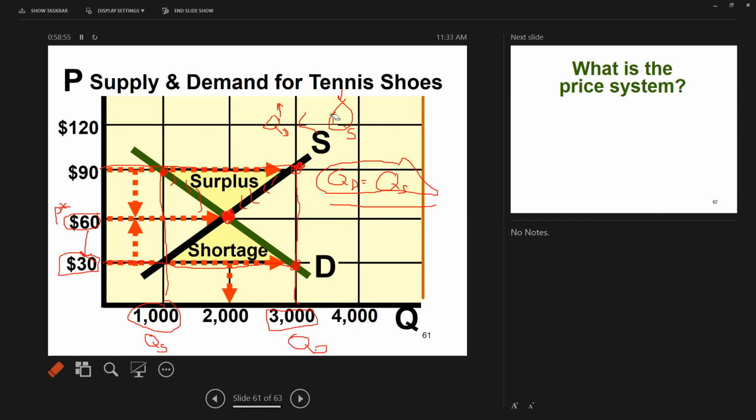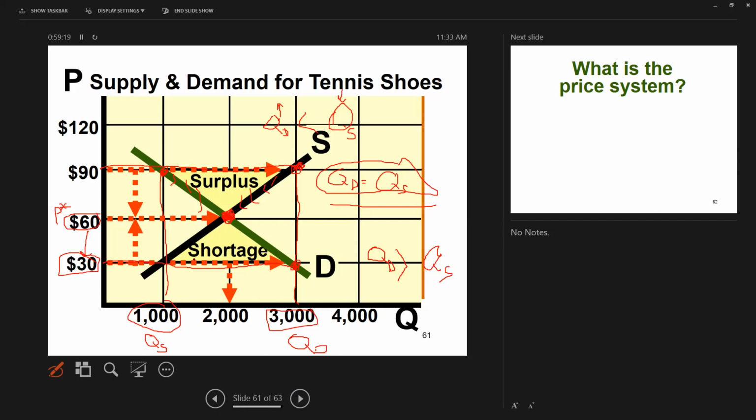So we've got another problem here, a different one. Instead of quantity demanded being below quantity supplied, we have a situation where quantity demanded is now greater than quantity supplied.